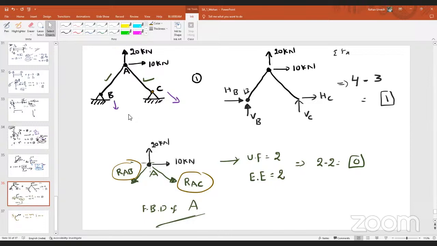Determinate. So that means determinacy or indeterminacy, sometimes you should not always judge by looking at the entire structure. Sometimes it is possible that if you look at the arrangement of the members, then it can be determinate also.